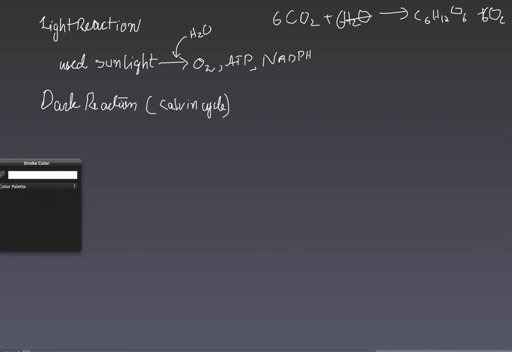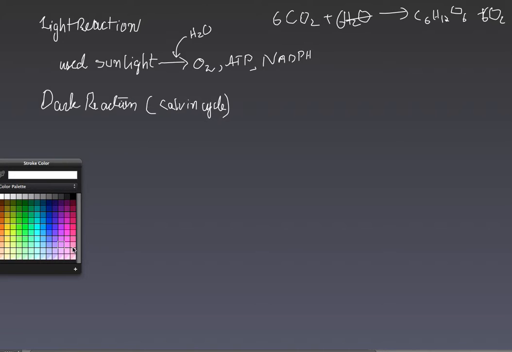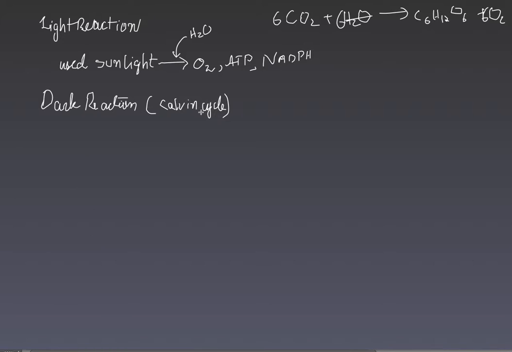What happens is, in this process we take the products from the light reaction, ATP and the NADPHs, and these two give the energy, or are the source by which the Calvin process occurs.